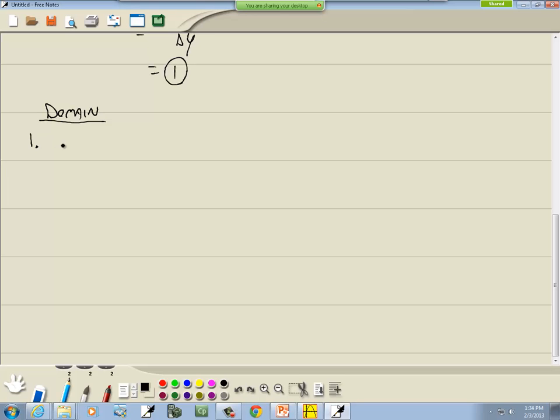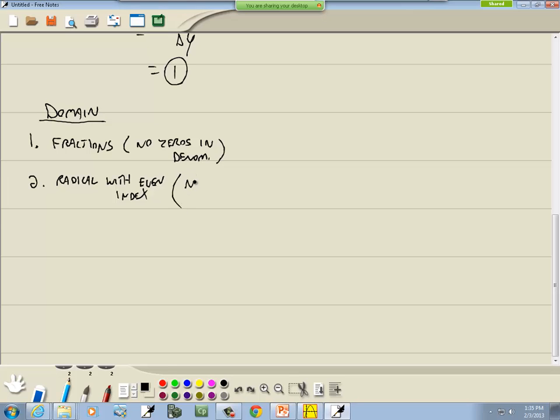If we have fractions, then there's to be no zeros in the denominator. So you can't have a denominator equal to 0. If we have a radical with an even index, then what's inside has got to be positive.